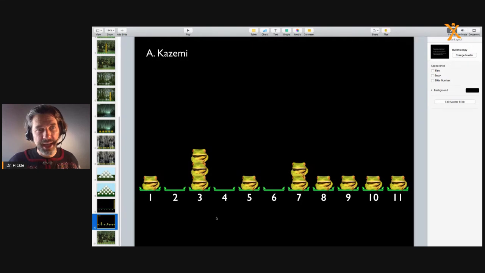And so A. Kazemi thought that this was an example that it could not be solved with 11 frogs. And again, I'm interested in how many frogs you can have, because I think it does become solvable if you have a large number of frogs. So here the question is this solvable with 11 frogs and 3 moves?